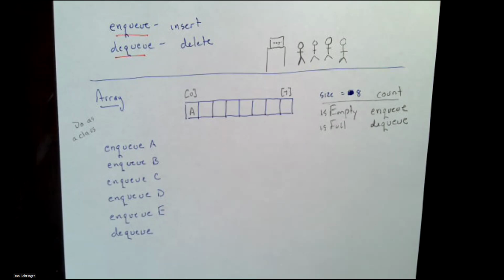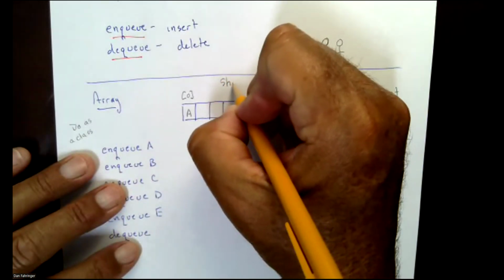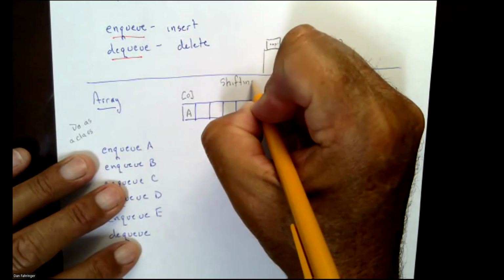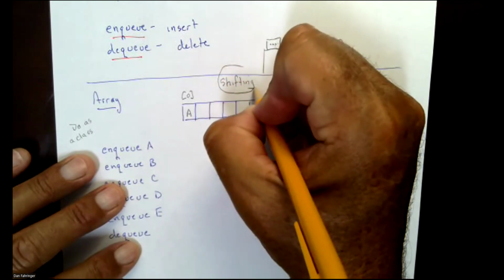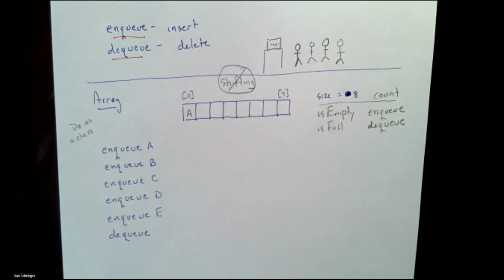One thing we wanted to stay away from when working with arrays was the ever popular shifting. Circle, slash through it. We don't want to have to shift if we don't have to shift. Where do you want me to stick the B?